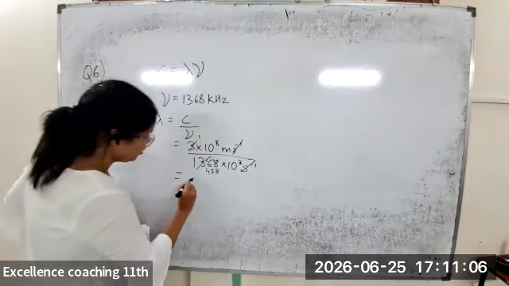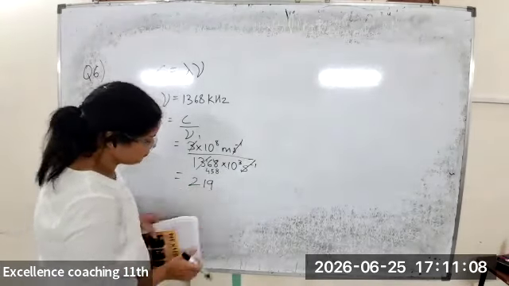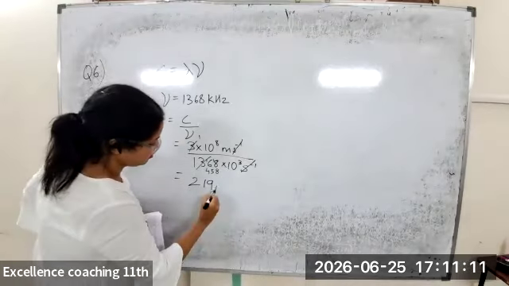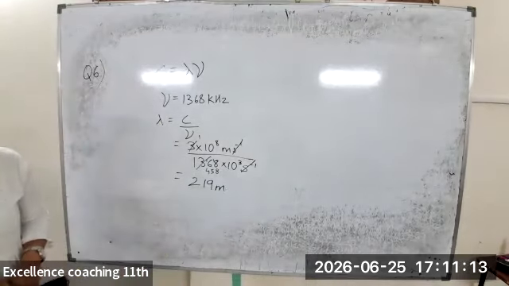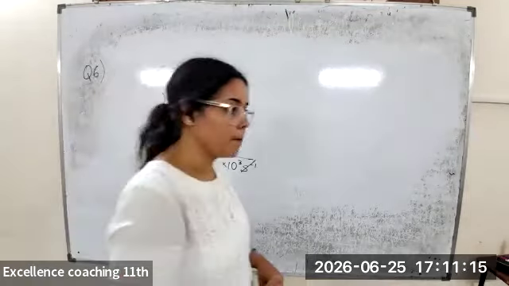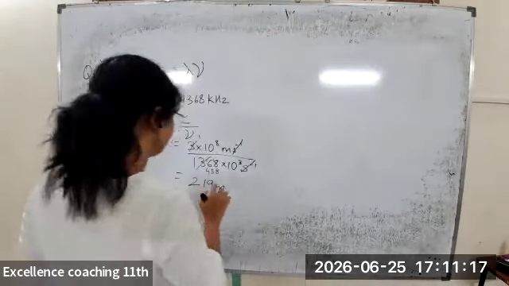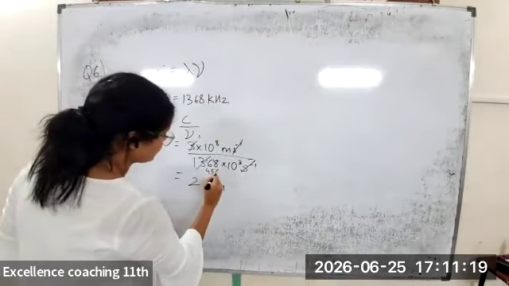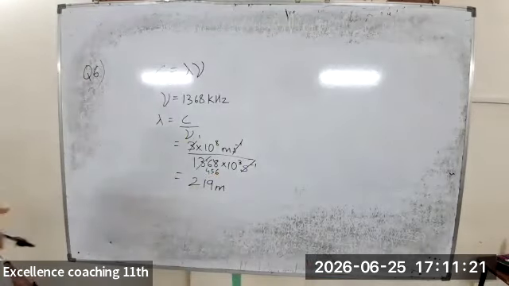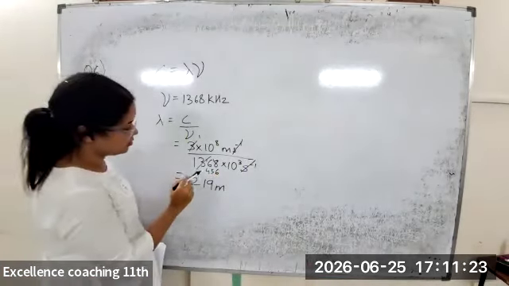So the answer will be 219 meters. Okay. Sorry, 456. So 1 divided by 456.